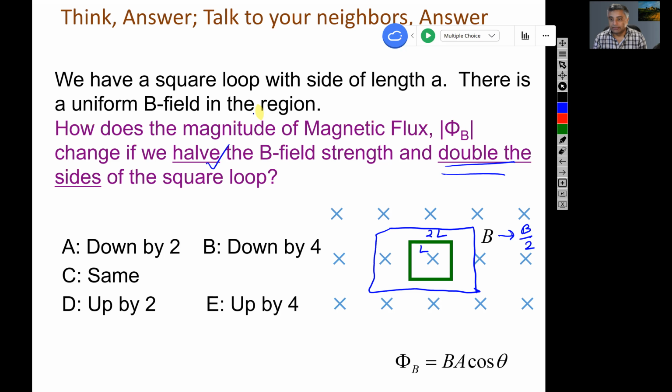Yes. So length doubles means area becomes 4 times, right? 2L in one side, 2L in another side, 4. Just do that. And then B goes B over 2.